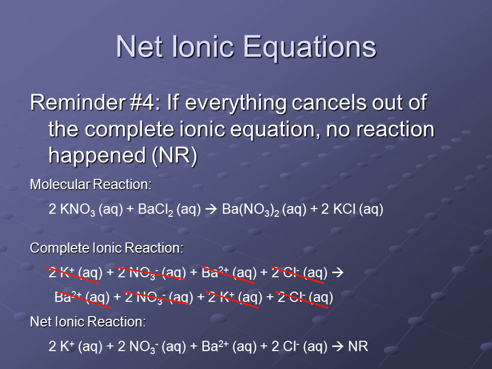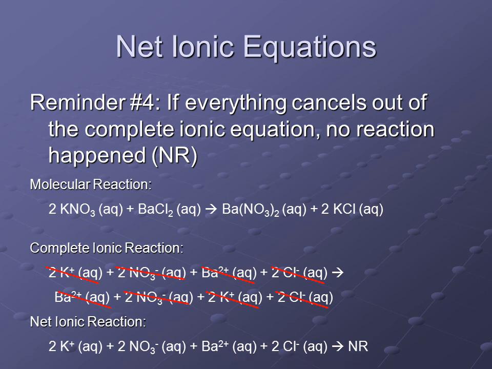The net result is nothing! Nothing happens when we mix these 2 solutions, a solution of potassium nitrate and a solution of barium chloride. So, if you wanted to write out the net ionic equation, you could say that 2 potassium ions plus 2 nitrate ions plus a barium ion plus 2 chloride ions gives you no reaction.